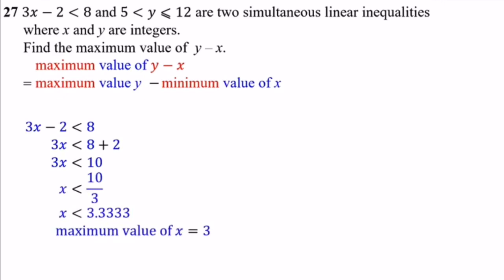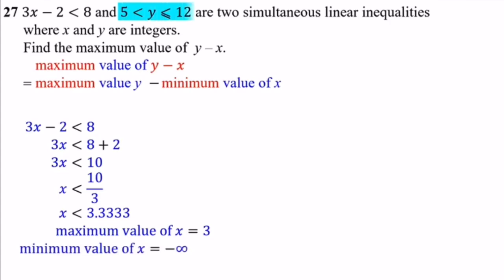If x is less than 3.333, the integer which is the biggest one should be 3. And the minimum value will be negative infinity, meaning the numbers less than 3. Maybe you have many numbers, but you call it negative infinity because we can't express it.